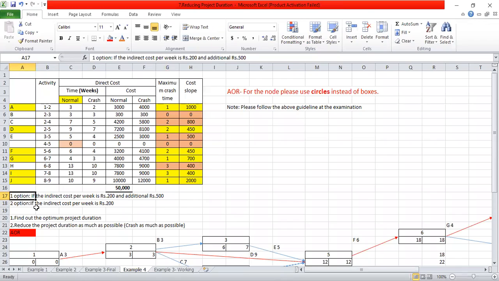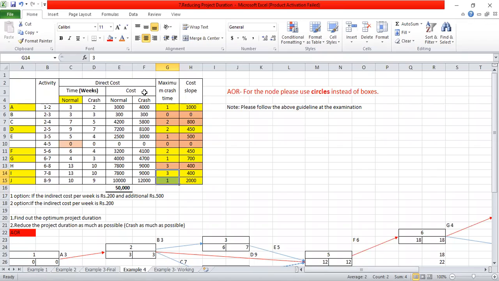So firstly you have to crash the activities. After identifying the critical path activities, firstly you have to see whether any activity has a maximum crash time of 0. Looking at the highlighted activities, is there any activity with 0 for the maximum crash time? No, there is no such activity. That means we can take all these critical path activities.